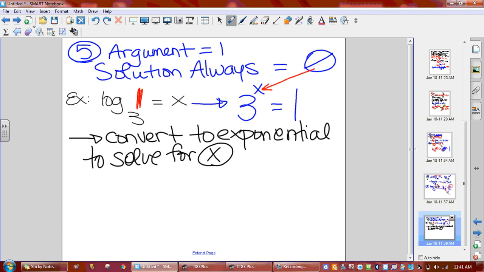So we've just been doing some converting, but we're going to go back to converting exponentials and logs, just so we don't forget how to do that. We've been doing it, but let's actually do a little note on it.